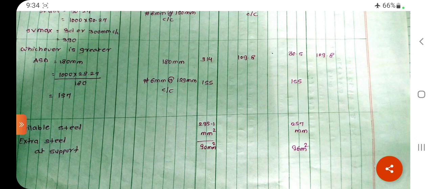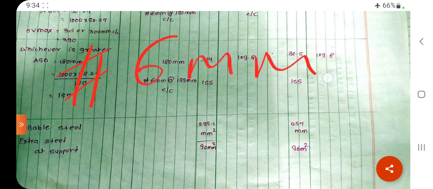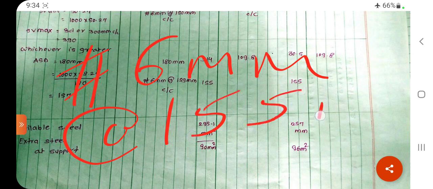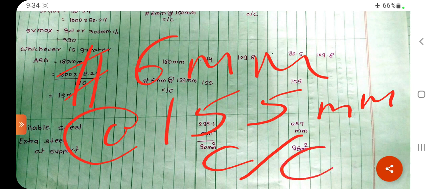Substituting these values, we get the spacing for the 6 mm bar as 159 mm center to center. But as we cannot go higher than 159, we provide distribution steel as 6 mm bar at 155 mm center to center.